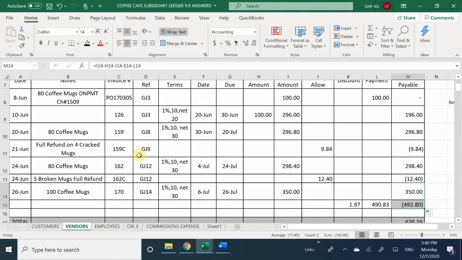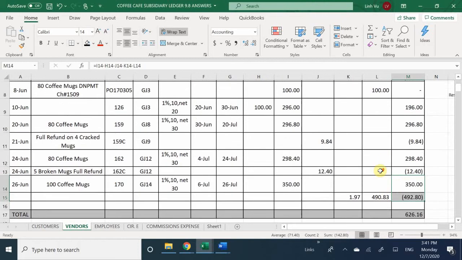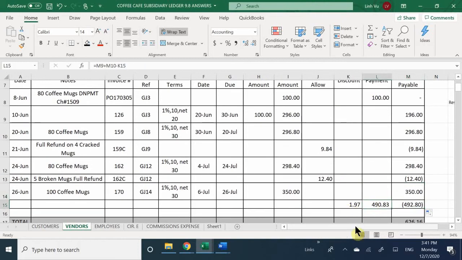Oh, there was the credit in the next one. Mm-hmm. So you want to be careful on that too. Make sure that you go through every single one. So your total amount is not going to be for this. So we have to take the 9.84 out of the 490.83.